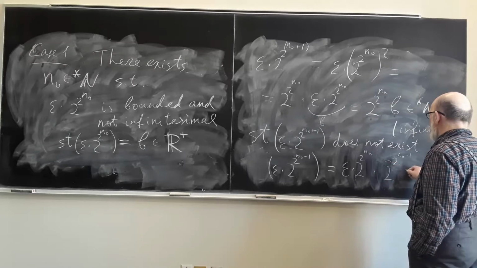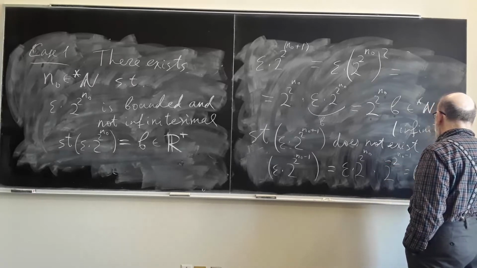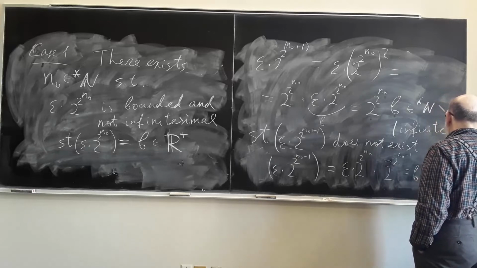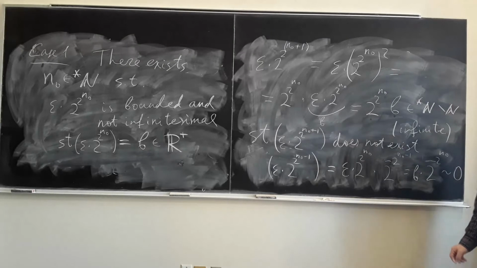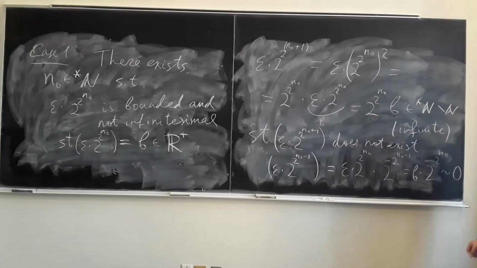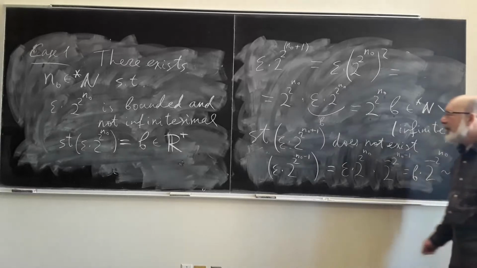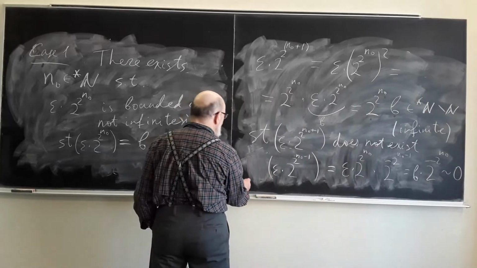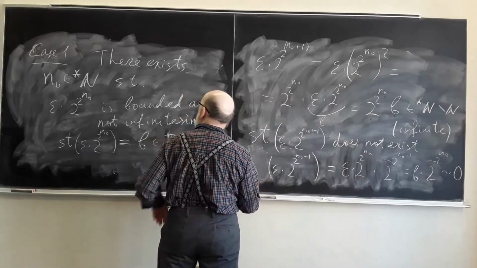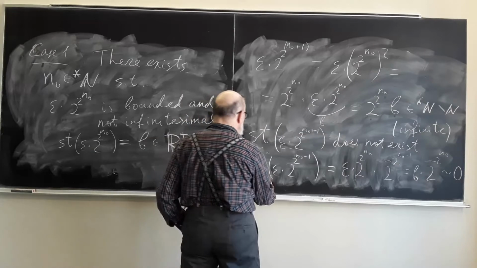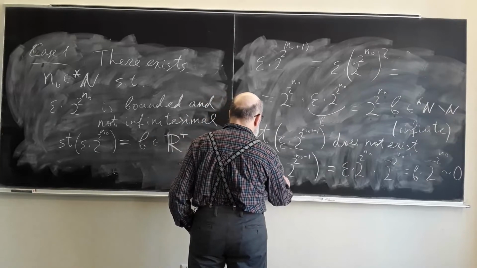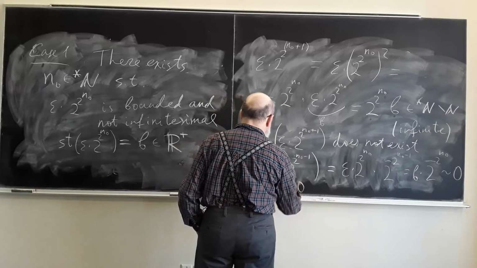Yes, equals b to the power 2 minus 2 to the power n0. It is infinitesimal. Yeah? After all these arithmetics, this means that the standard part of epsilon times 2 to the power 2 to the power n0 minus 1 is just 0.